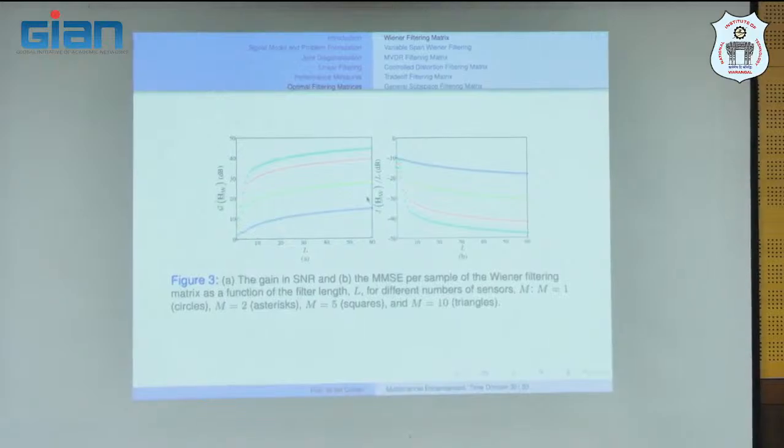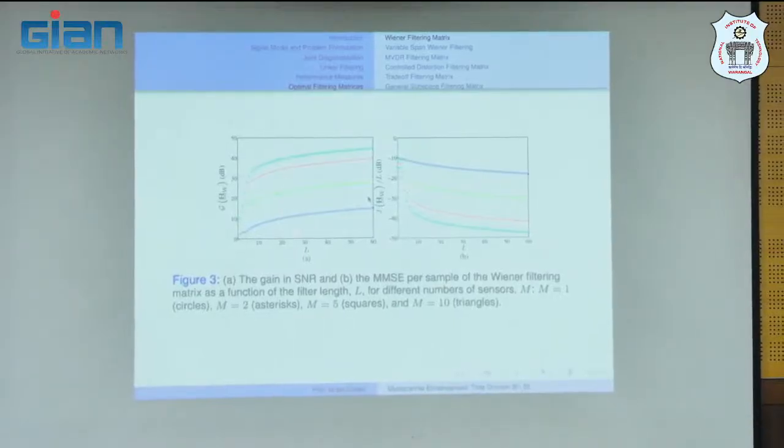Or maybe I can take 10 samples, L equals 10, and 2 sensors. Wow, this is a big jump. The gain in SNR increased to 20 dB. So I can reduce L and increase the number of sensors. The effect of increasing the number of sensors is much greater than taking more samples from each sensor. So increasing M is much more important than increasing L. We want to use more sensors.